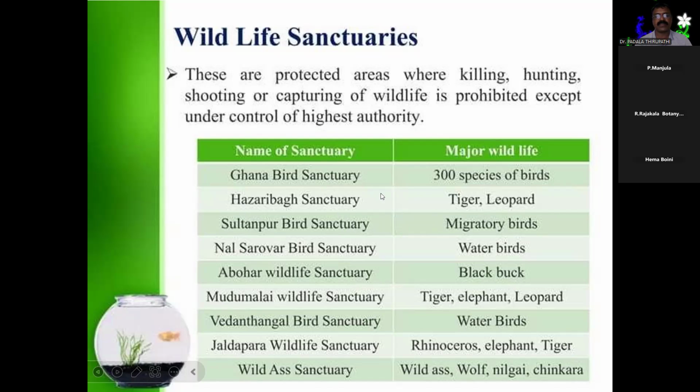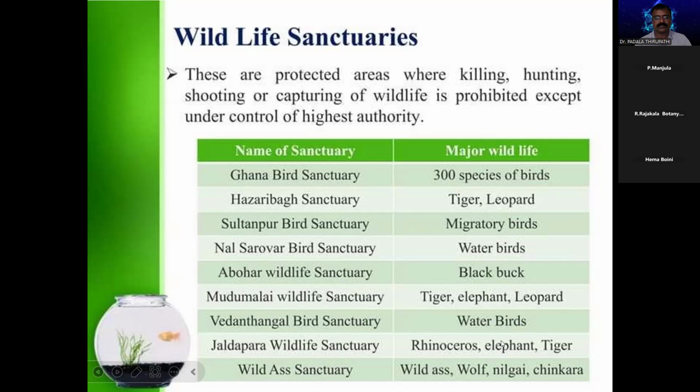Keoladeo Ghana Bird Sanctuary, where 300 species of birds are conserved. Hazaribagh Sanctuary: tiger and leopard. Sultanpur Bird Sanctuary: mainly migratory birds. Nal Sarovar Bird Sanctuary: water birds are mainly conserved. Abohar Wildlife Sanctuary: blackbuck. Mudumalai Wildlife Sanctuary: mainly tiger, elephant, and leopard.